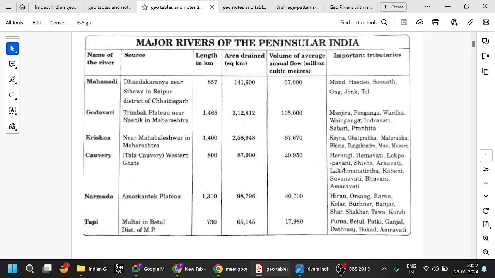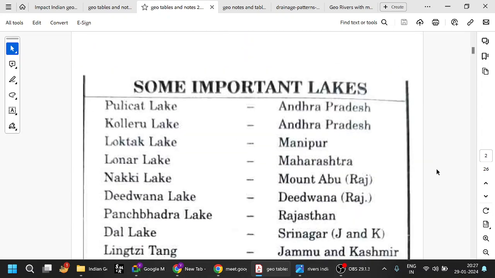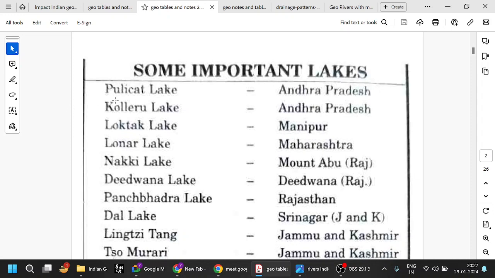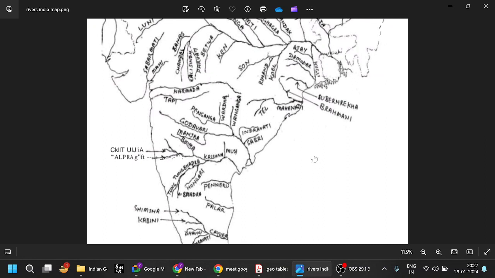So Kaveri, Narmada, all these things you can generally see. But for APPSC, we have to look at Penneru also. If we find Penneru somewhere, we'll see. Pulicat Lake, Kolleru Lake, there are two important lakes in Andhra Pradesh. Chilika Lake is in Orissa. So if you look here, Chilika Lake will be somewhere here, Andhra is somewhere here, right?